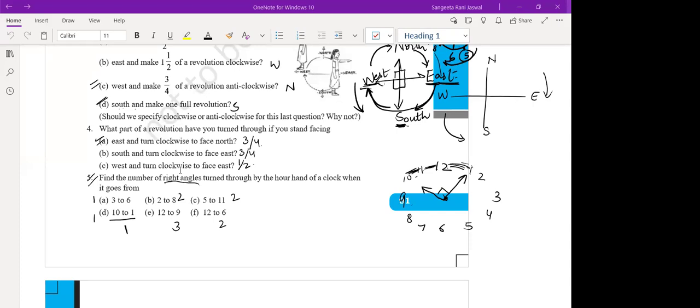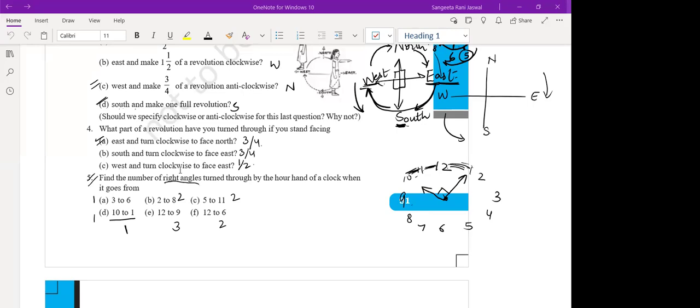So, suppose you're facing east and you turn clockwise to face north. So how much of a revolution are you doing? 3/4, ma'am. Let others also answer. Yes, Adya, you understood how 3/4? Yes, ma'am. Okay, Trilokya. Yes, ma'am, I understood.